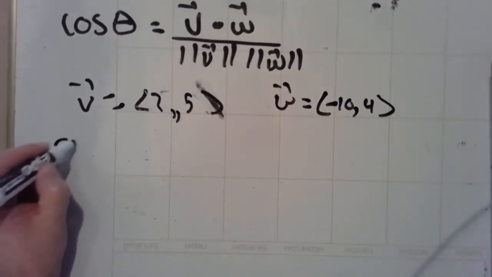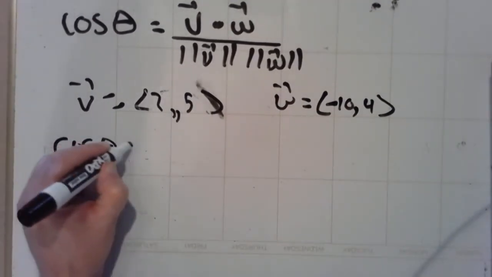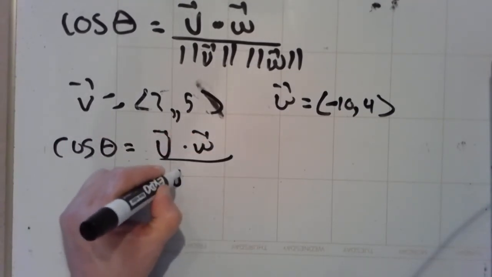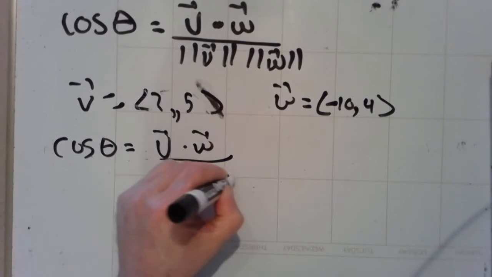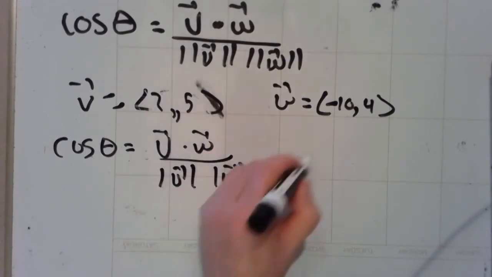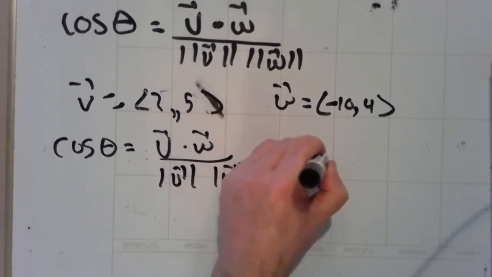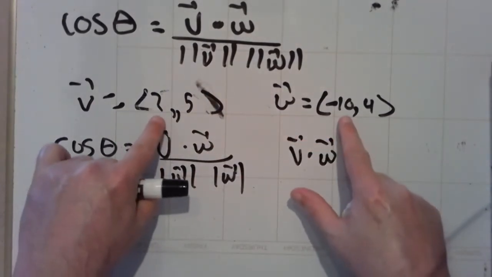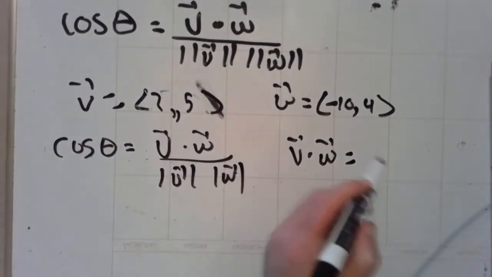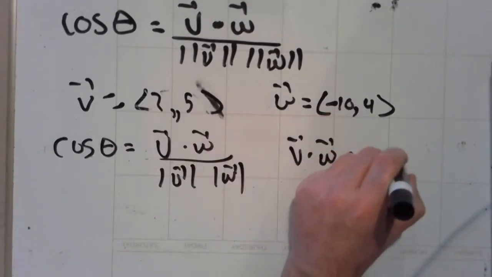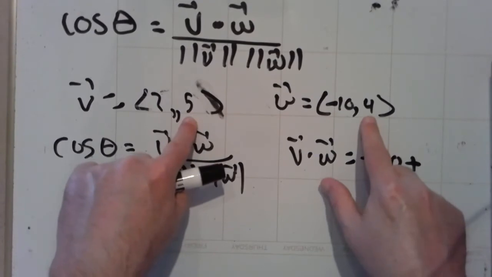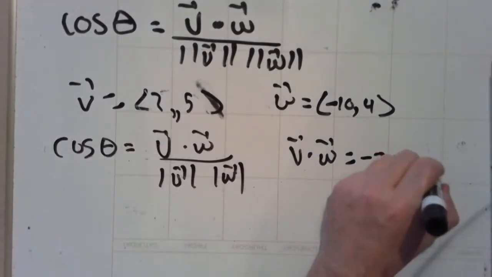So remember, cosine of theta is v dot w over magnitude v, magnitude w. Let's find the dot product first. Dot product is a scalar. Multiply the x's. 2 times -10 is -20. Plus, don't forget the plus. Multiply the y's. 5 times 4, 20.